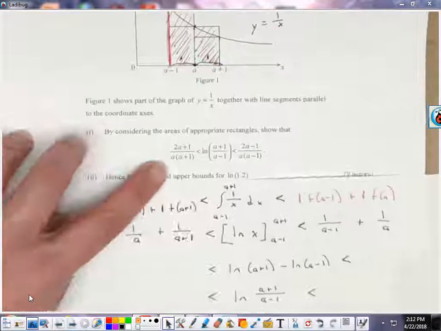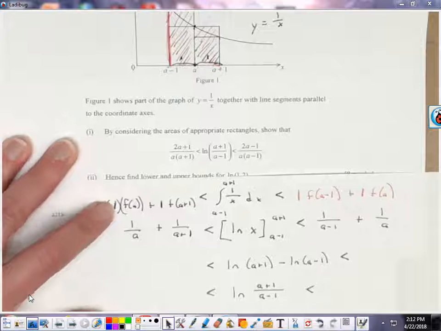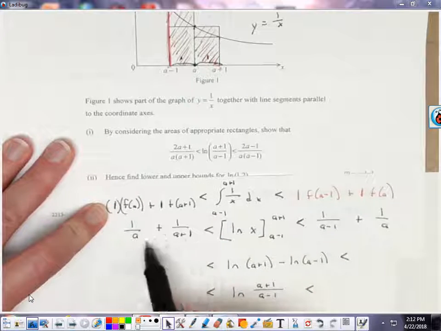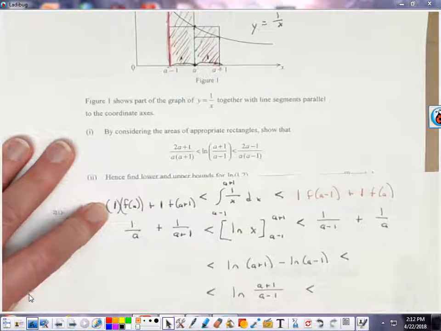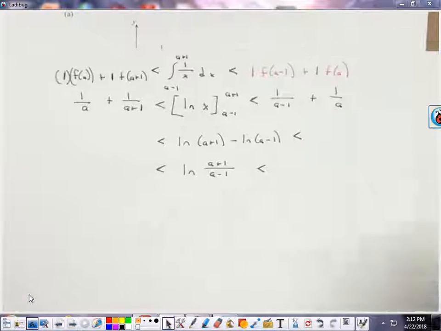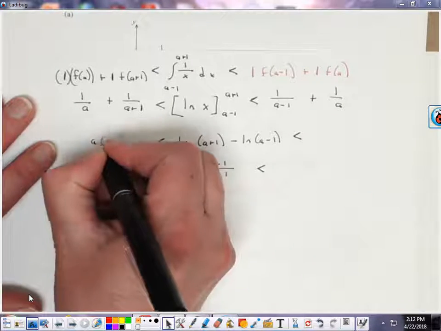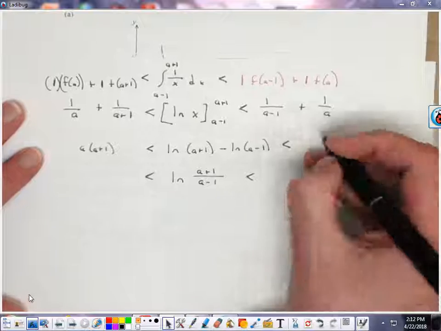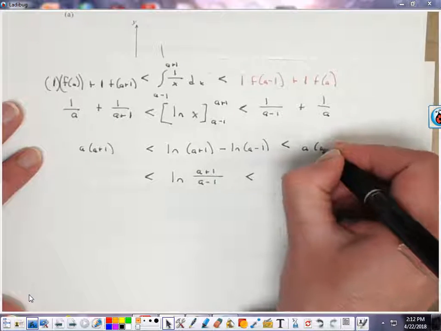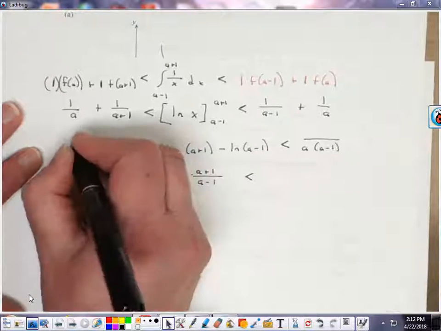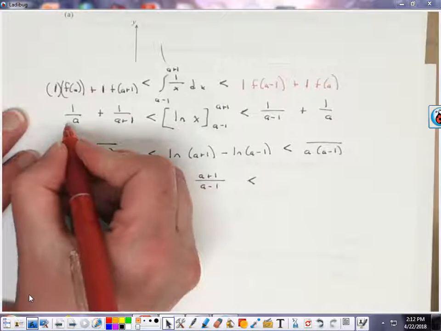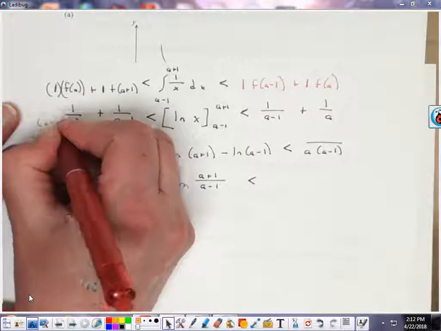Now, as far as what else they want me to get, it kind of looks like I can just get a common denominator between these two. So that's what I'm going to go for. My common denominator would be a times a plus 1. And on this side, it would be a times a minus 1. And on this first term, I'm missing an a plus 1.